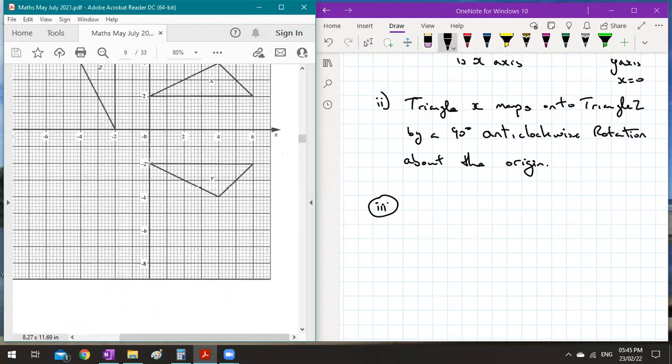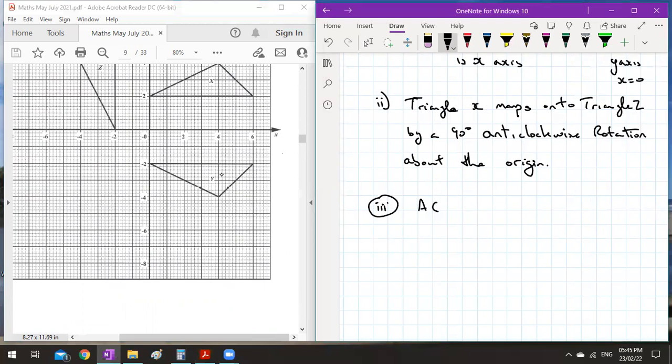So let's call this A, B, and C. A would be 0 on the x, but -2 on the y. B would be 6 on the x, and again -2 on the y, so 6, -2. And C is 4 on the x, and -4 on the y, so 4, -4.